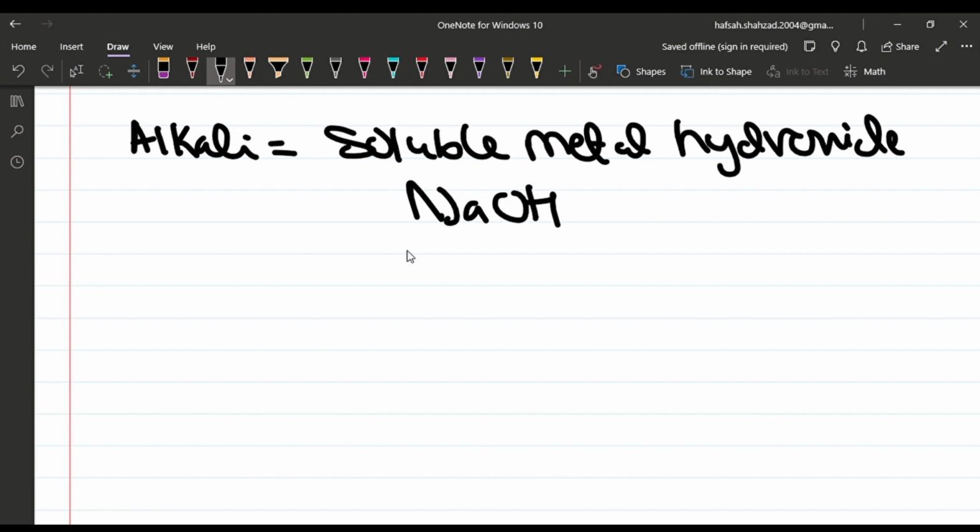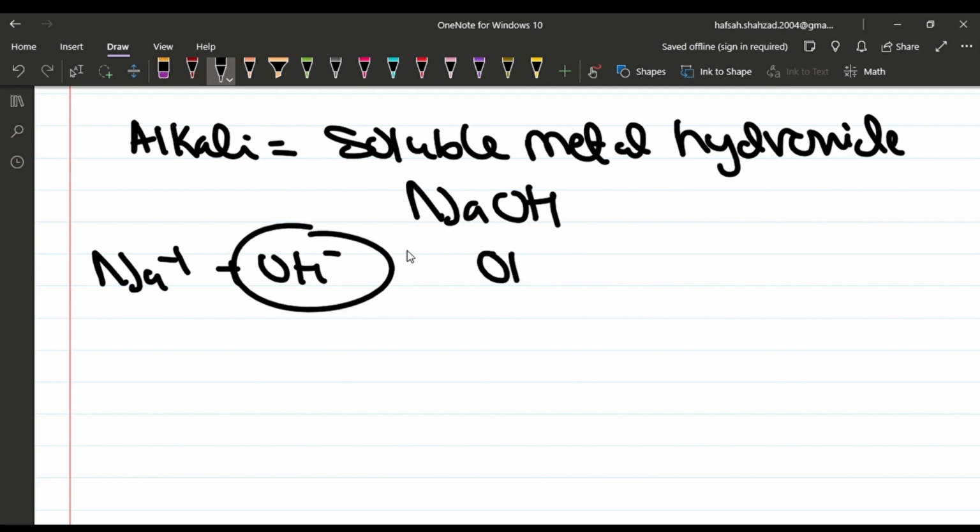NaOH in water would form Na positive ions and OH negative ions. These OH negative ions would then react with H positive ions from acid, accepting these protons and forming water. So again, that's how we get the neutralization equation.